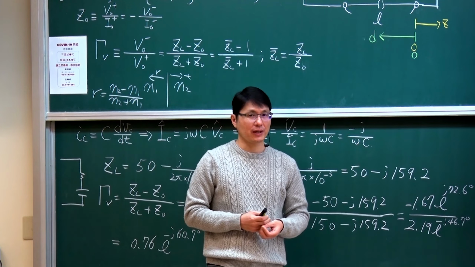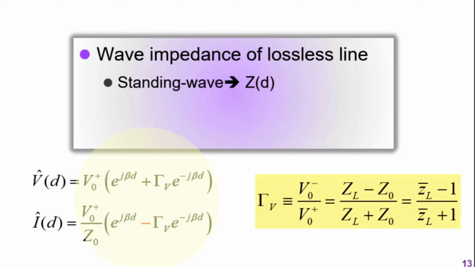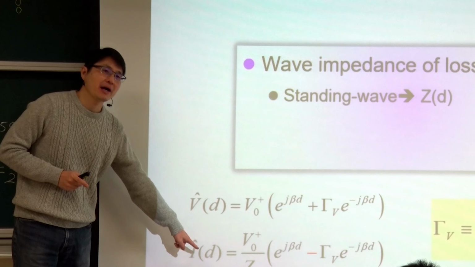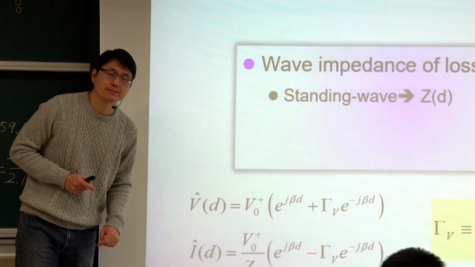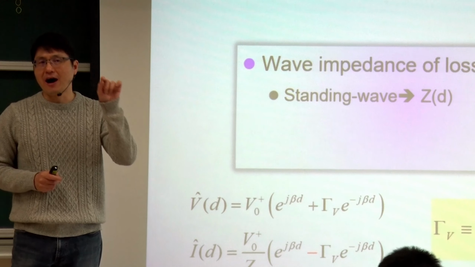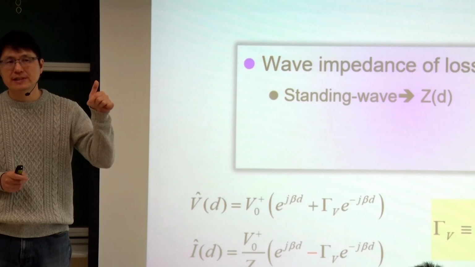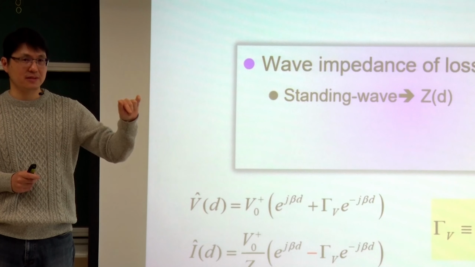Look at these two equations again. The first equation tells you the voltage phasor as a function of space. The total voltage is contributed by the forward propagated and the backward propagated voltage waves. And so are the currents. What happens if I directly divide the total voltage phasor by the total current phasor? V divided by I, by definition, is some kind of impedance, right?